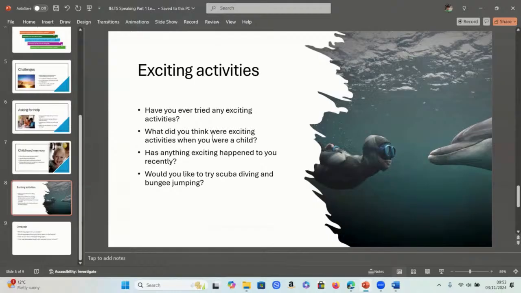Next one, it's not always the same tense. But they are testing you with the same kind of questions. Here's one. What did you think were exciting activities when you were a child? So this is very clearly testing what? Past, particularly past simple, but past tenses. So that's a past tense test. Then he comes back and uses present perfect again. So what's he doing? He's testing.